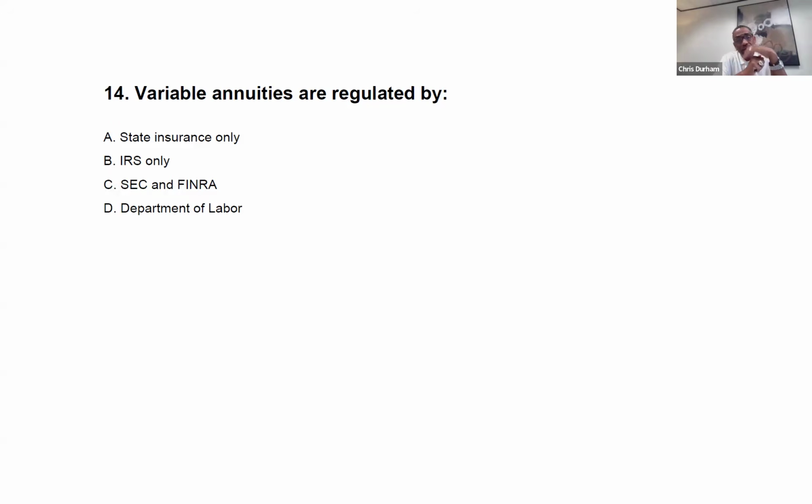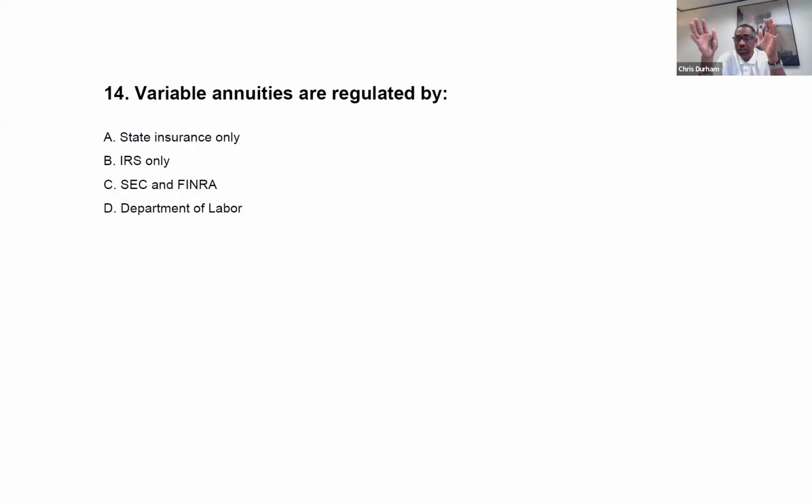Variable annuities are regulated by the SEC and FINRA because when you saw the word variable, the word association that goes with it is stock market, and the stock market is obviously regulated. The governing body is the Securities and Exchange Commission and FINRA, the Financial Industry Regulatory Authority.